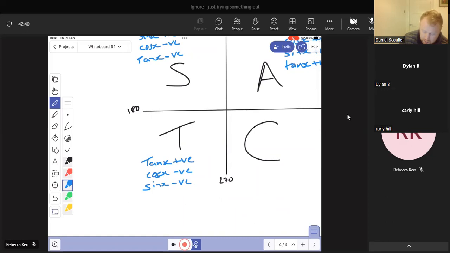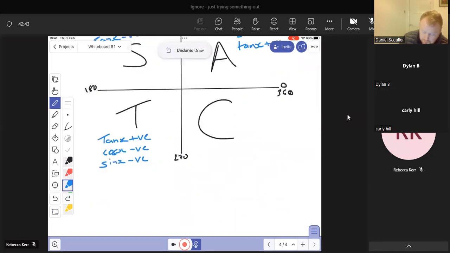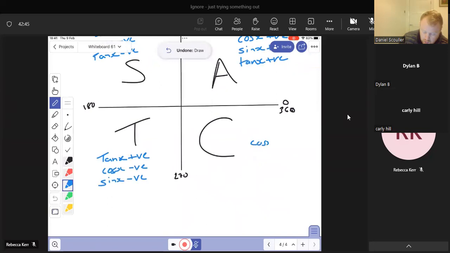don't know why I'm starting with tan now. Cos x is positive. Sin x is negative. Tan x is negative.